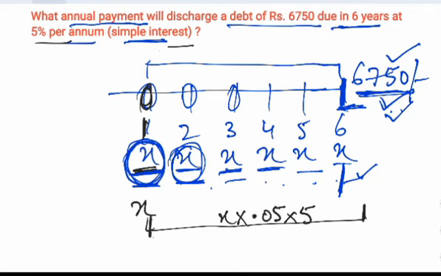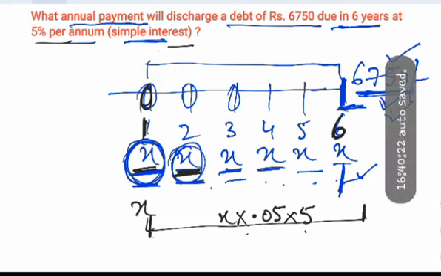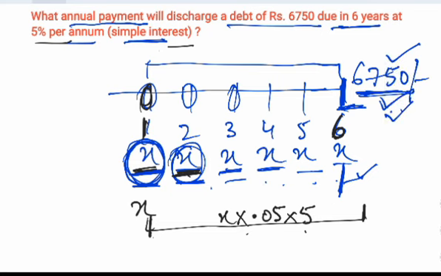This is end of first year, and we'll have to pay the amount at the end of 6 years. And for this amount of rupees X which is paid at the end of second year, the amount of interest would be X into 0.05 into 4, because there will be 4 years in this.